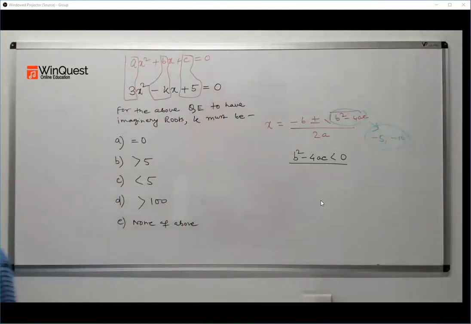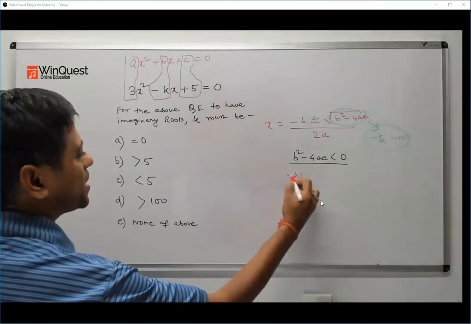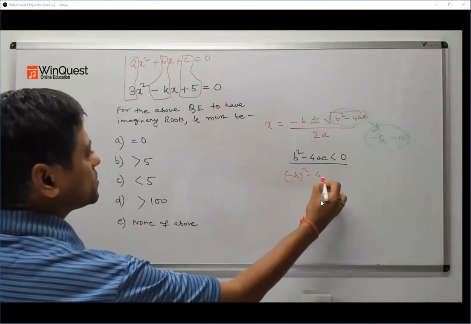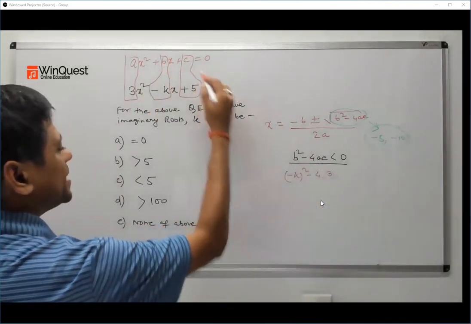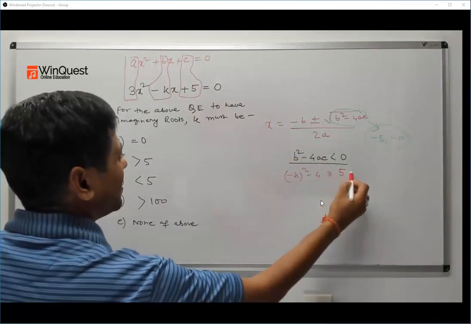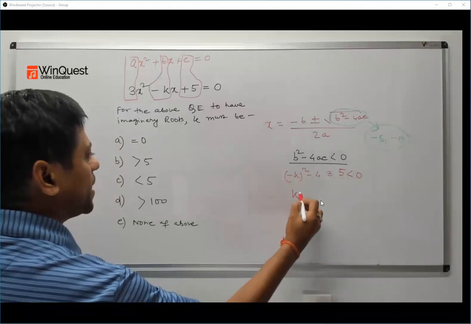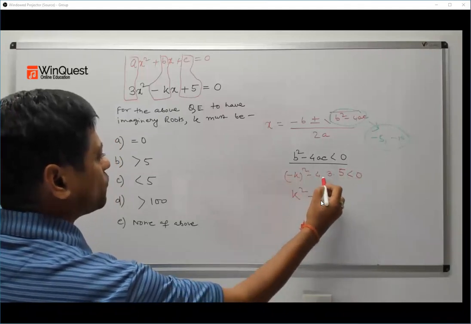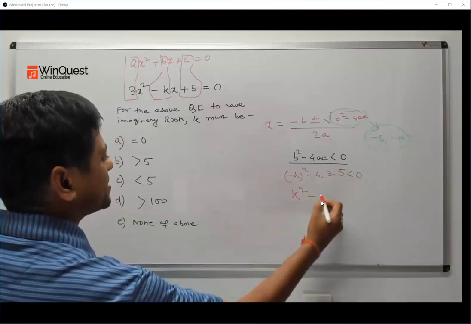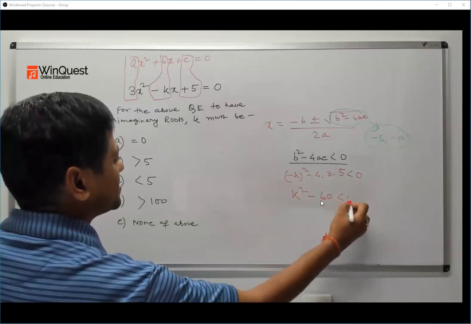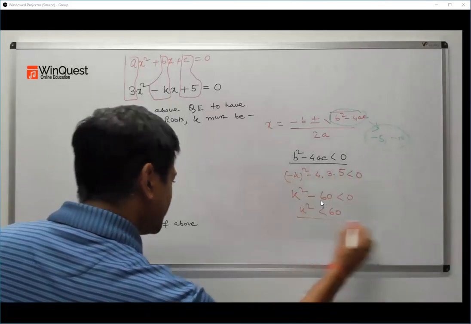Yes. b square becomes minus k square, minus 4, a is 3, c is 5, less than 0. So minus k whole square becomes k square, minus 4 times 3 times 5, 4 times 12, 12 times 5 is 60, minus 60 less than 0, k square is less than 60.